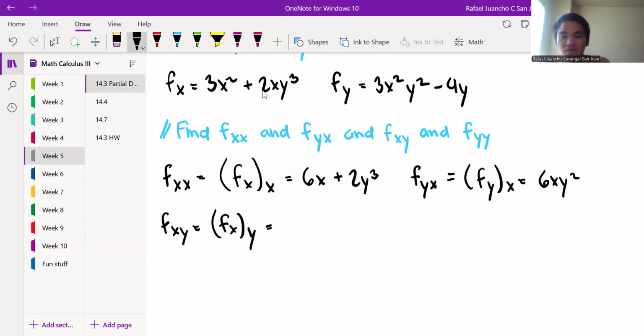So let's see. This is just 0. Minus 4y is just 0. This one I treat 3 and y squared as a number. And so I have my x squared. This becomes 2x. So this becomes 6x squared y squared. Right? Oh, I just realized I took out my 2. So this is 1. So this is just simply 6x.